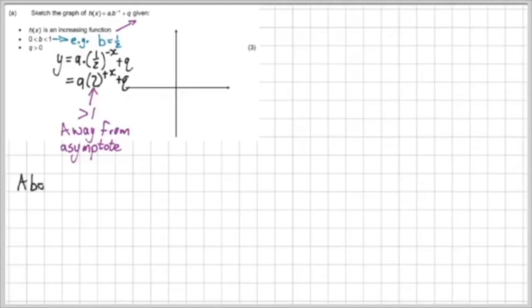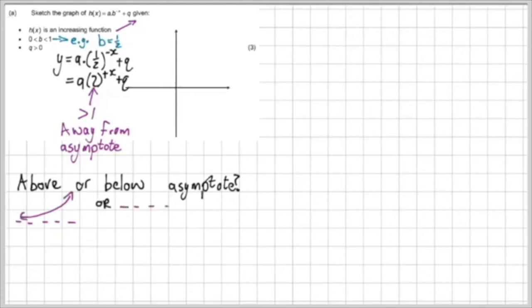The one option is that the function will lie above, or it would be below the asymptote. So if it is above the asymptote, going away from it, my graph will look like that. Or it could be below the asymptote and diverges. That's just a beautiful English word, going away from the asymptote.